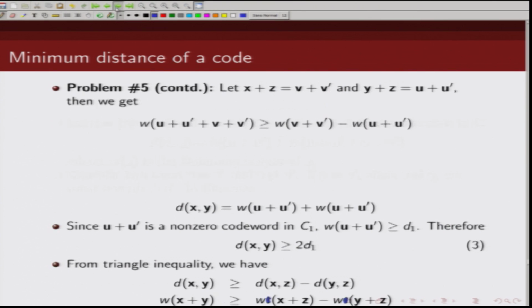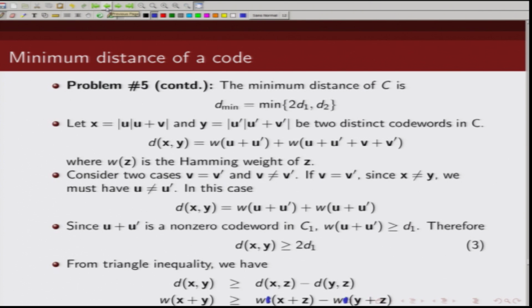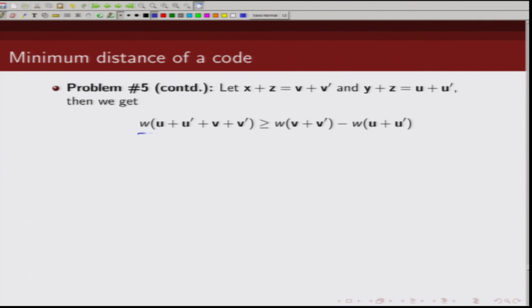So, what is x plus y? X plus y would be v plus v prime plus u plus u prime. So, x plus y is basically u plus u prime plus v prime. From here, the weight of x plus y is given by this.